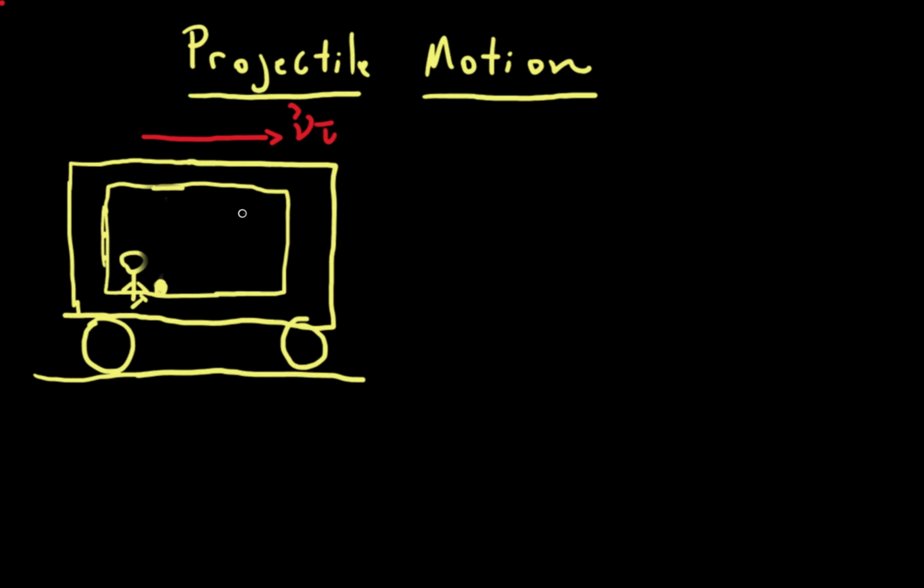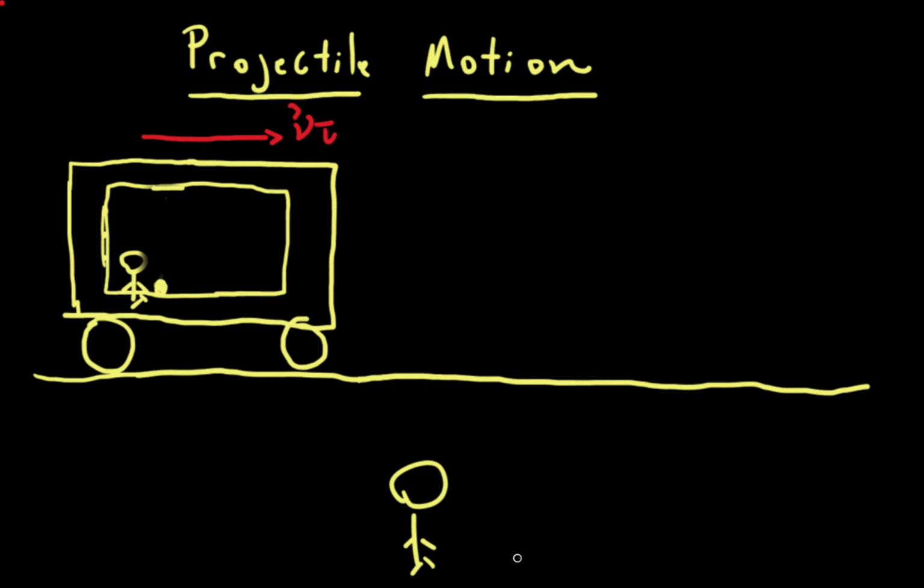You're an outside observer, right here, watching this happen. If you could trace out the path of the ball, how would it be perceived to move from the side of the road?